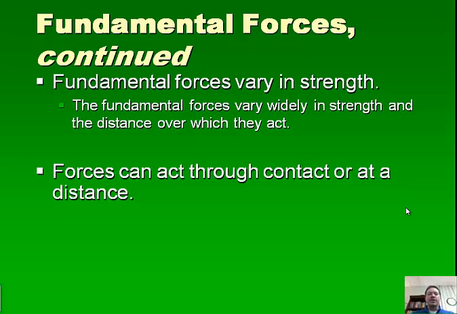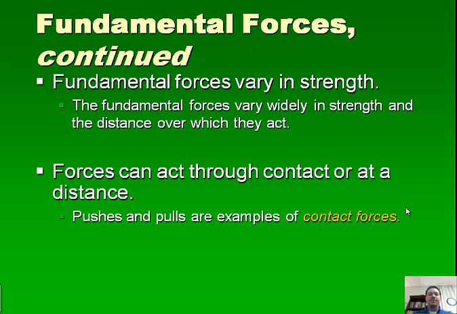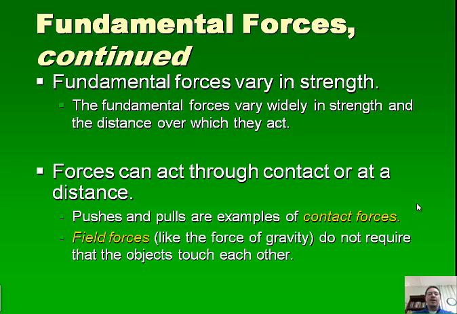And these forces can act through contact or over a distance. Examples of contact forces are pushes and pulls. Pulling on an object or pushing on an object is a contact force, the actual physical touching. Field forces, such as gravity, don't require that the objects touch each other.